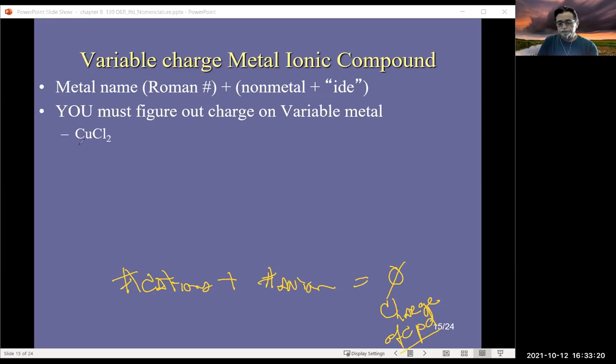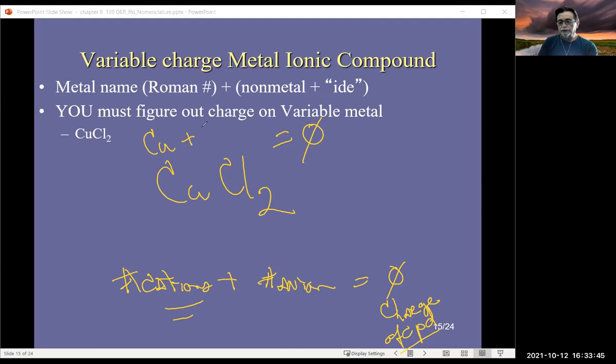All right, so we have copper, CuCl2. What we do know, based on the formula we're given, is that the molecule has a charge of 0. Copper, we don't know what it is. It's variable, and so that is the cation, plus the number of anions.